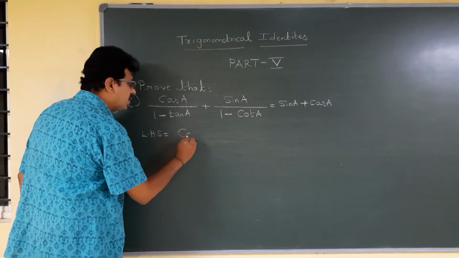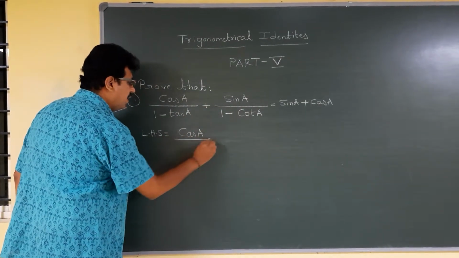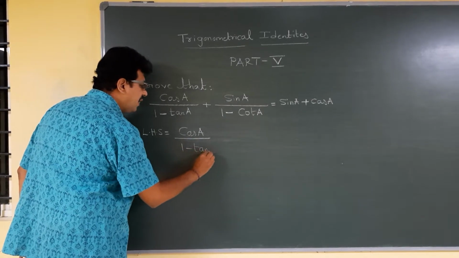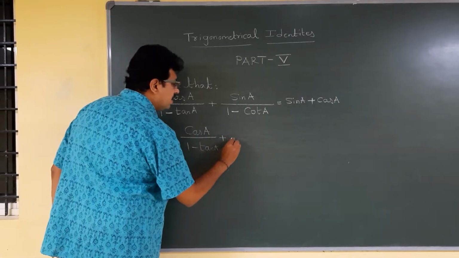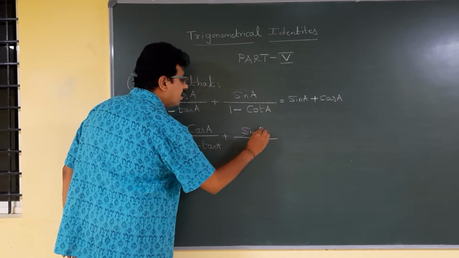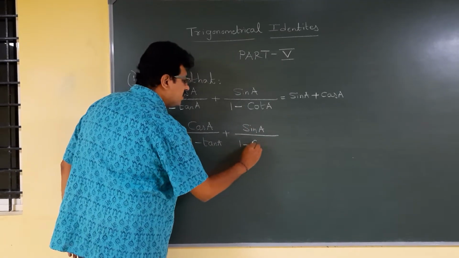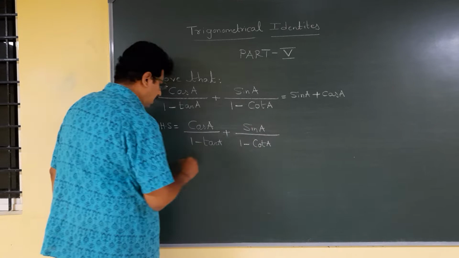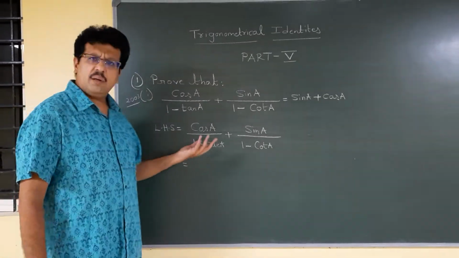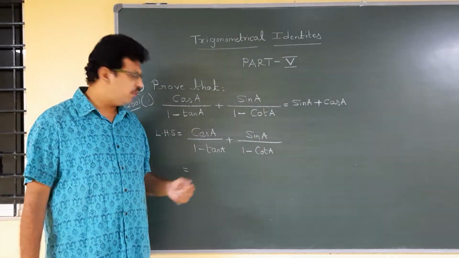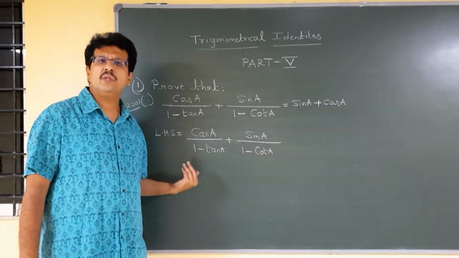So let us take cos A by 1 minus tan A plus sin A divided by 1 minus cot A. Like in previous sessions, we used to take the LCM directly and do the sum.